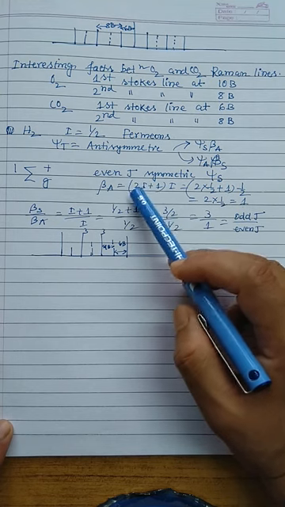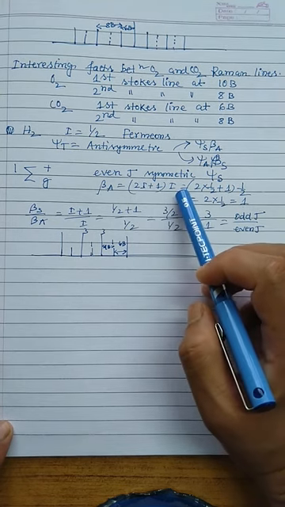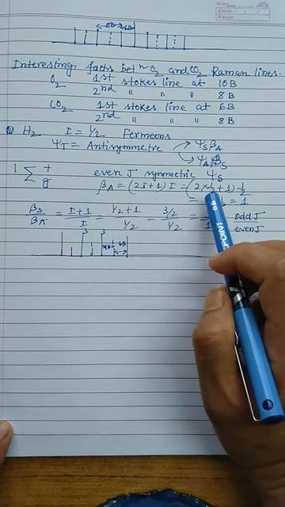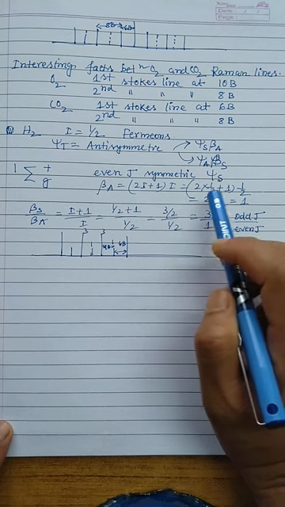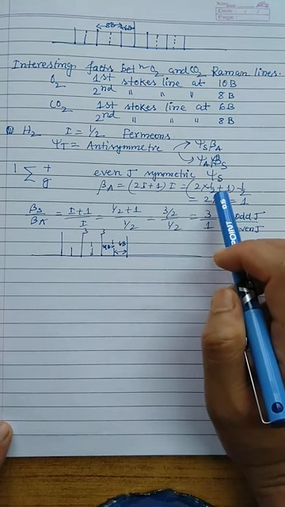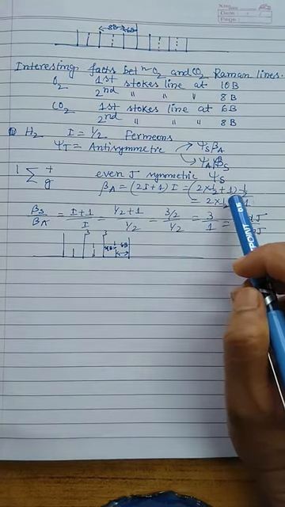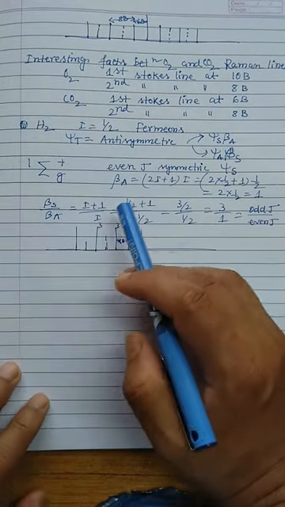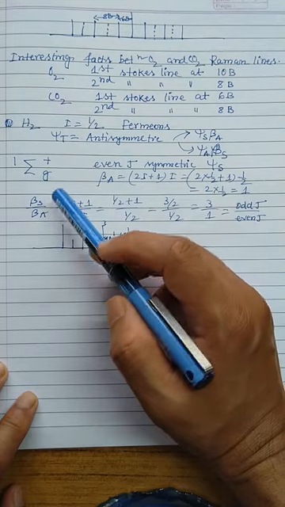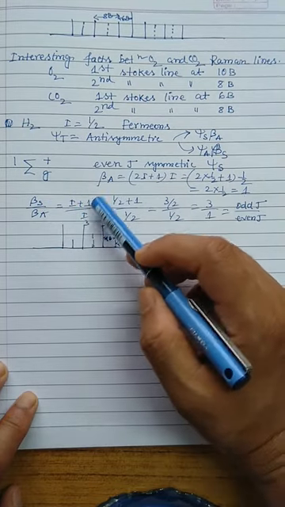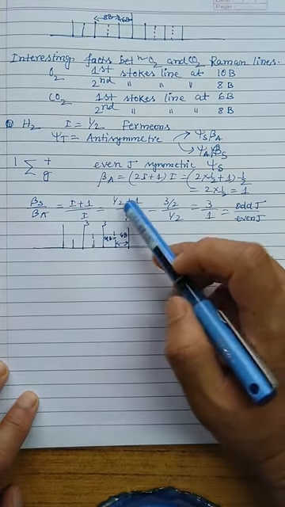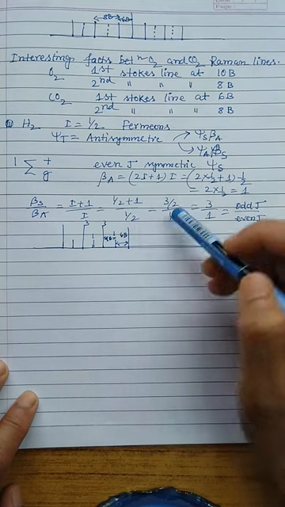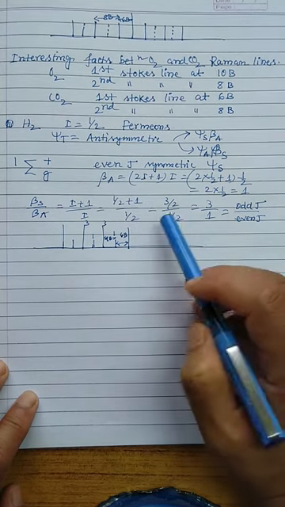The value of the antisymmetric spin function is (2I plus 1) multiplied by I, and if I put the value of I equal to half, then 2 into half plus 1 is 2, multiplied by half, so that is equal to 1. Now the intensity ratio of the lines is guided by beta s by beta a, which is (I plus 1) by I, so putting the value of I equal to half, half plus 1 is 3 by 2, divided by half means 3 is to 1.